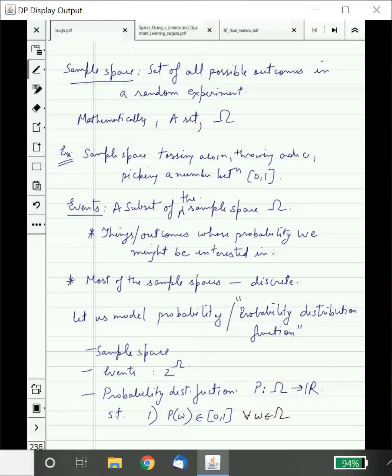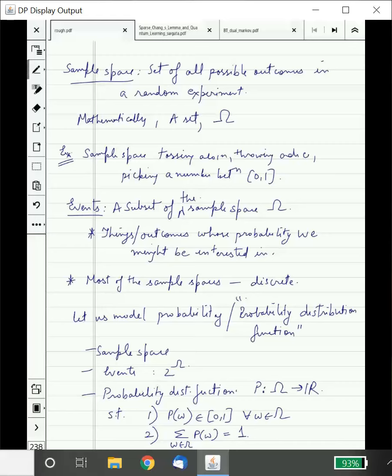And second important thing, if I sum this probability over all elements of the sample space, then this should come out to be 1. So any such function is a probability distribution function. This way, we will model our experiments where the sample space is discrete. We will talk about a more general framework in the next lecture, but let's stick to it at this point.